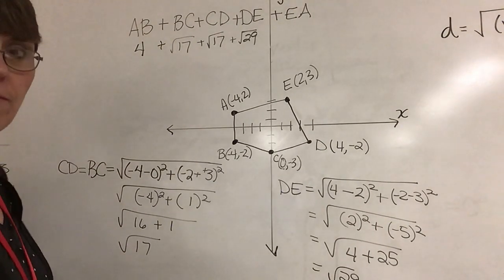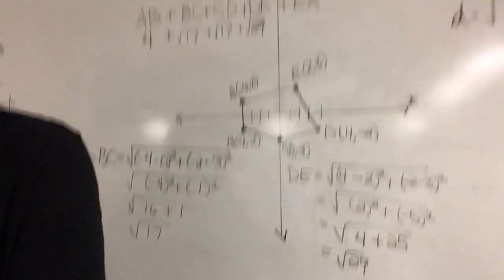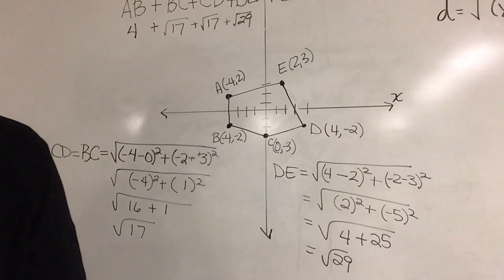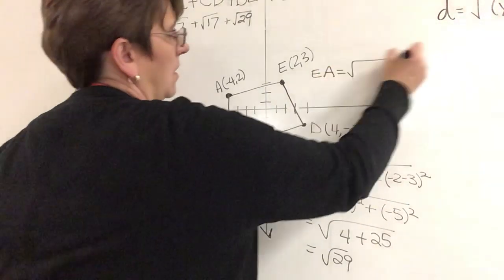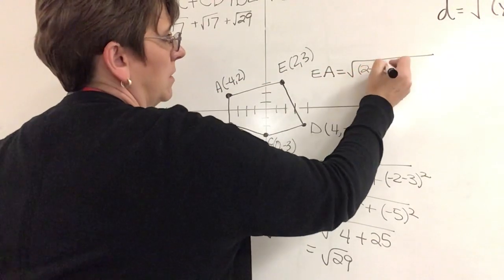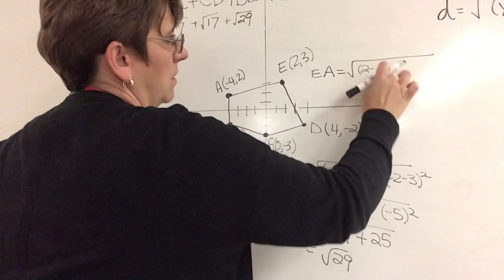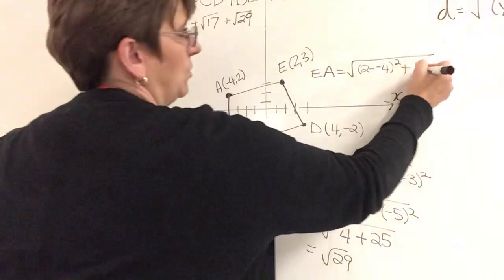And now I'm going to have to find a spot to do EA. Try to keep it all on the screen for you. EA's length, 2 minus -4. Three minus 2.